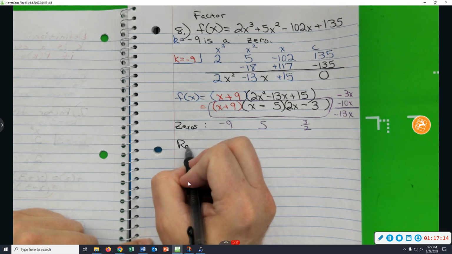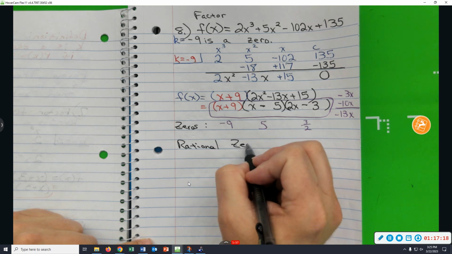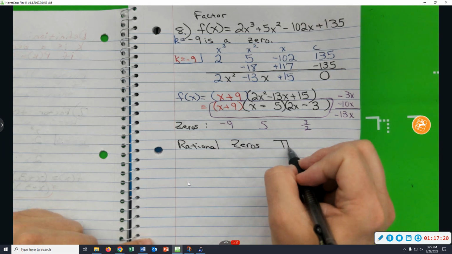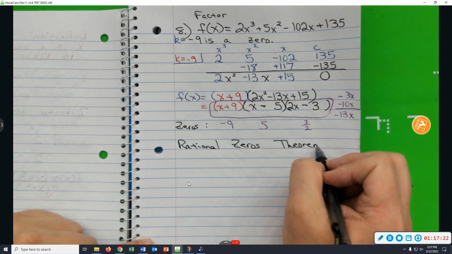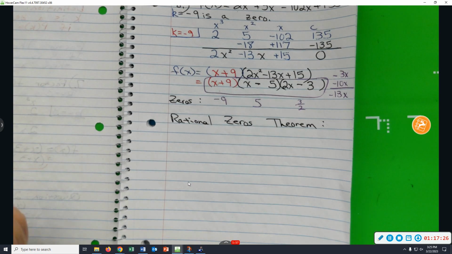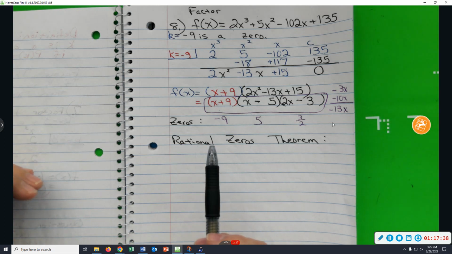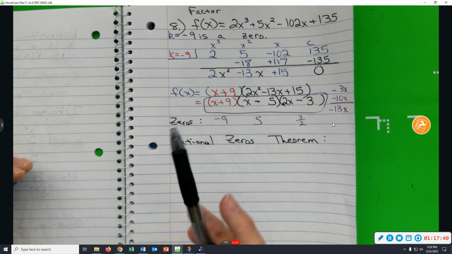Okay? Rational zeros theorem. Rational is another word for any number that can be written as a fraction. That includes the integers, because you could always make 9 and 5 into a fraction by putting them over 1. But remember, something like the square root of 2, that's irrational.